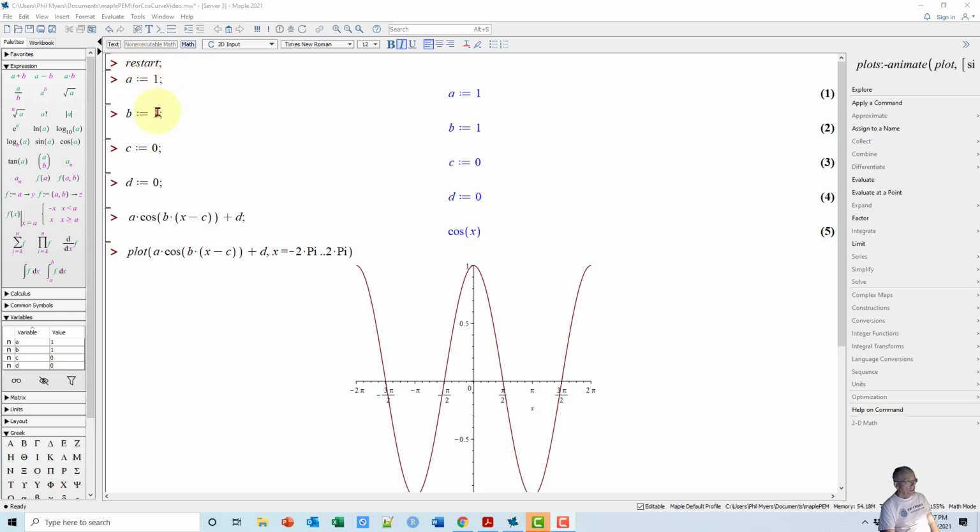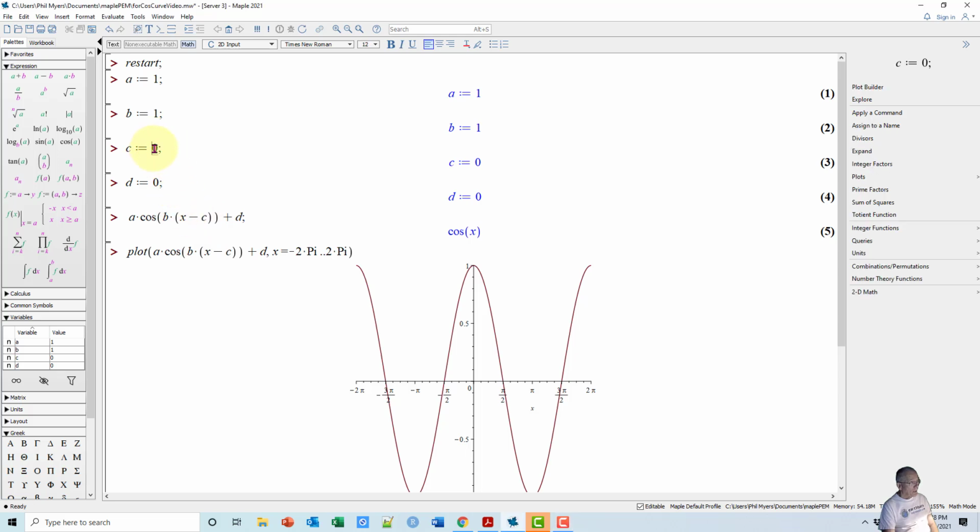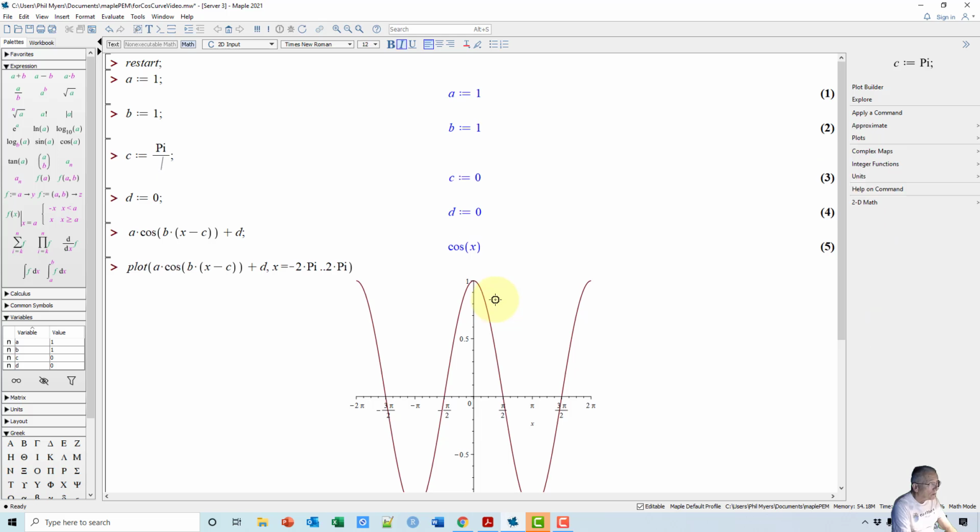Now I've reset these constants back to a equals 1, b equals 1, and the rest 0, so that this general form of the cosine function is just cosine x. And here it's plotted, as we saw before, 2 periods. Now I want to show you the effect of the phase shift. If I take the value of c to be pi over 2, what I'm going to do is shift this right by pi over 2, so this point on the curve will move over to 0, and it should end up being a sine curve.